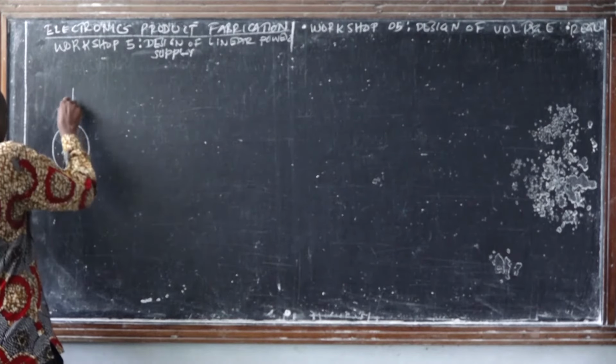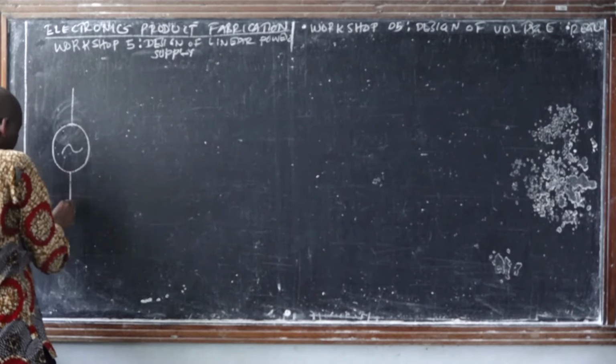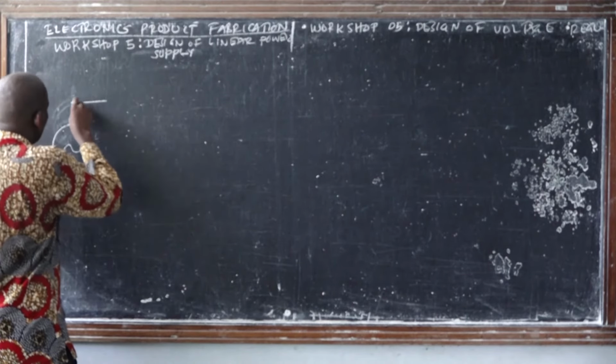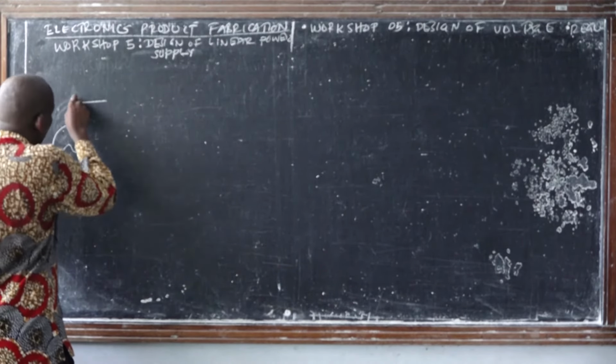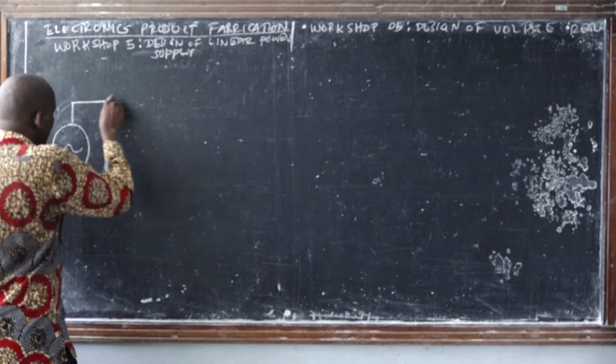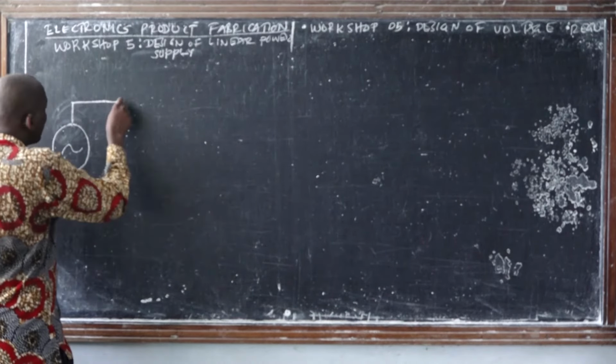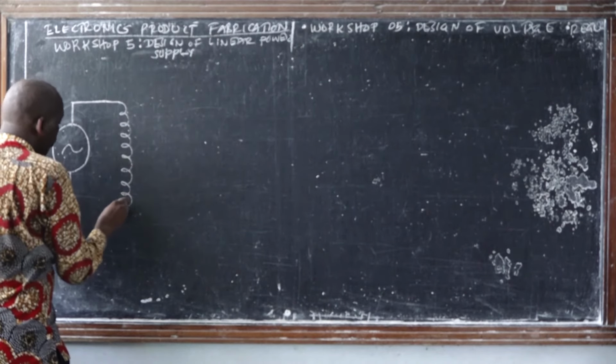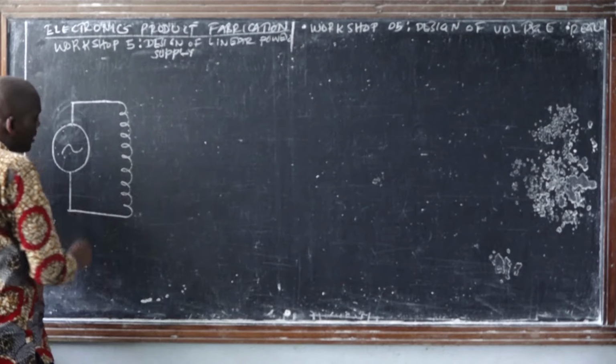We have 2 terminals of the AC voltage source, which we will assume practically is about 30. So stop drawing, stop writing. Then we connect this to the primary coil of the step-down transformer.